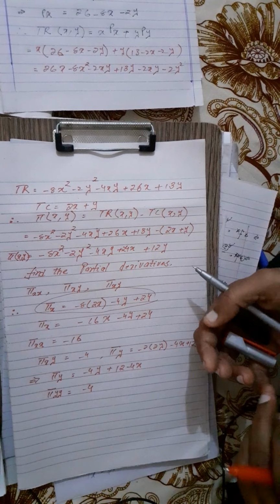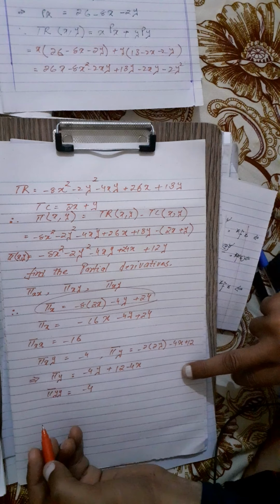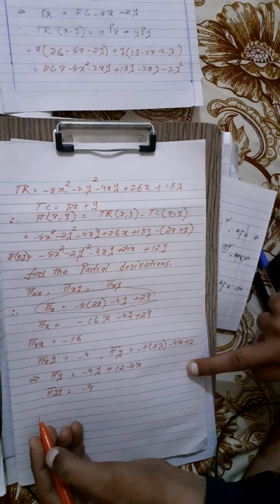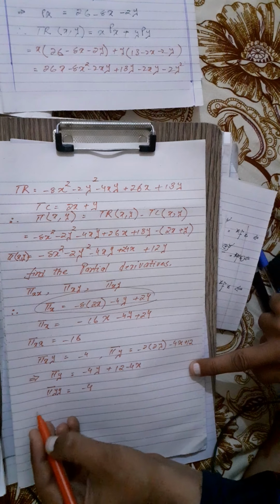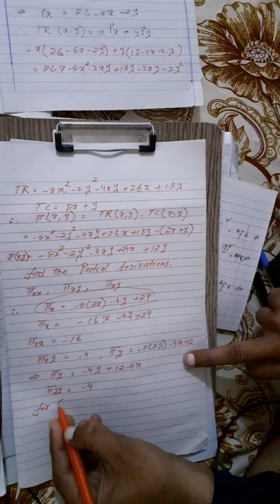Now to find the critical values, we will put the partial derivatives pi x and pi y equal to 0.